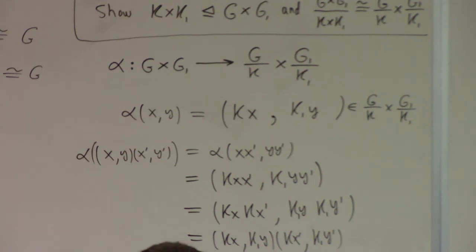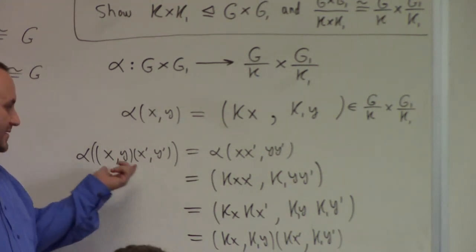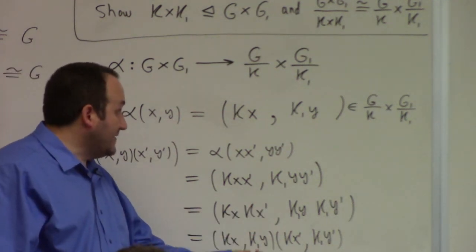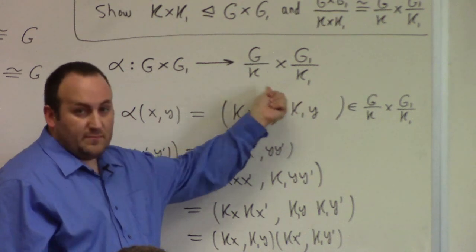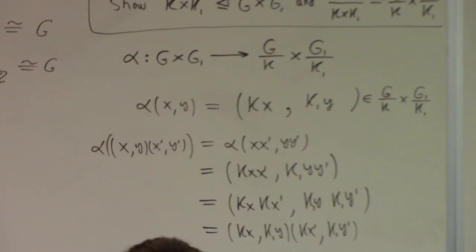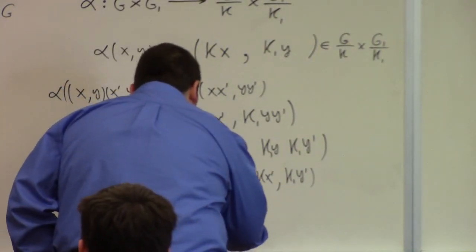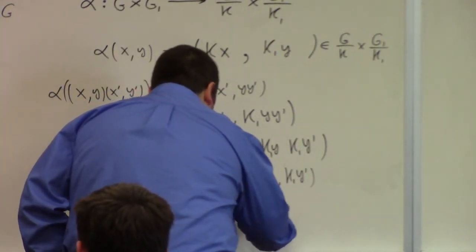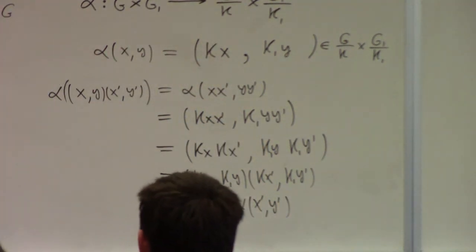In this last step, I used the fact that I'm working in the product group, G mod K cross G1 mod K1, right? And we know that's a group. So there it is. That's alpha of xy, alpha of x prime y prime. As you can see, alpha is a homomorphism.